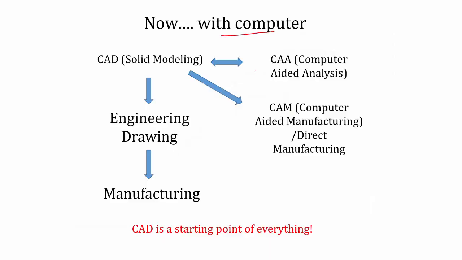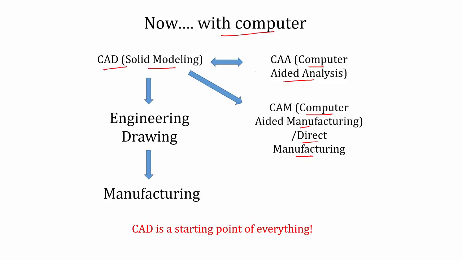Now, with the help of computers and CAD software, we have modified the design process. The first stage is CAD, that is solid modeling. CAD is the basic step. In CAD we have two modules. One is computer aided analysis, and the second module is computer aided manufacturing or direct manufacturing.